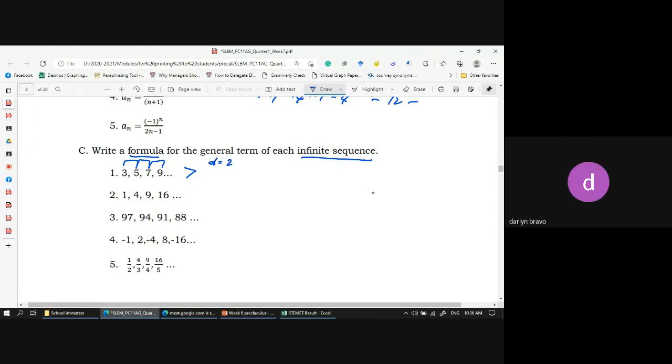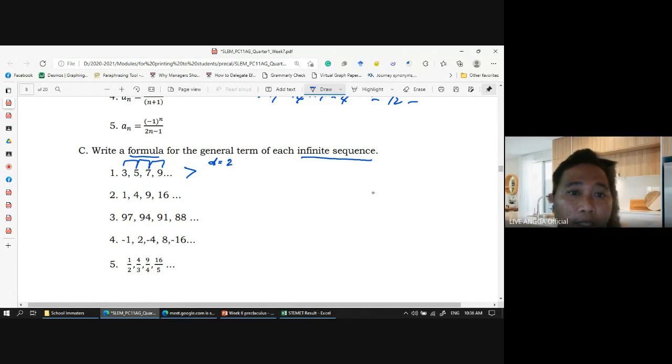Di ba na? Then, put natin yung ating pag-alaman sa grade 10 that a sub n is equal to a sub 1 plus n minus 1 times d, where n is the number of terms and d is the common difference.